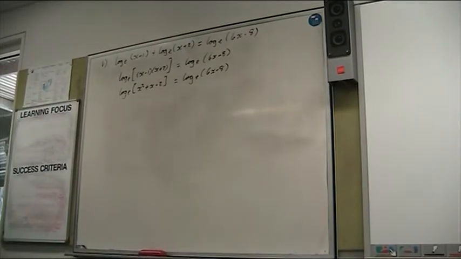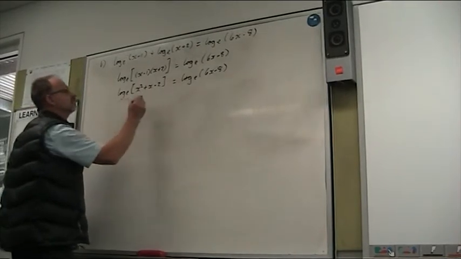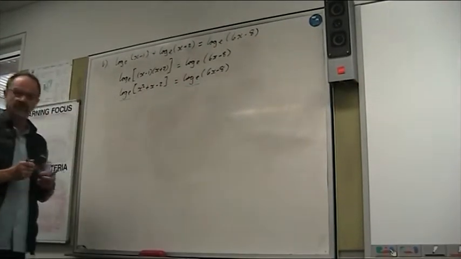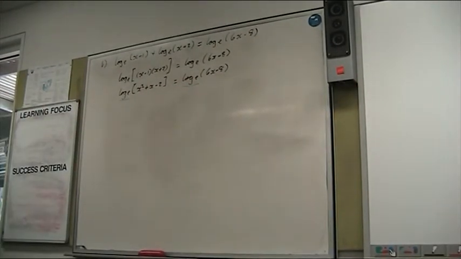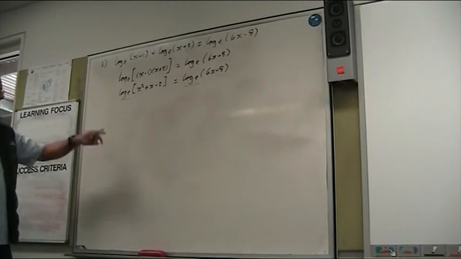Now what do you notice? You notice you've got 2 things here that are equal to each other. What else do you notice? So basically, should you just take the equations out and forget about the logs? Yeah, because the logs are the same, they cancel each other out.